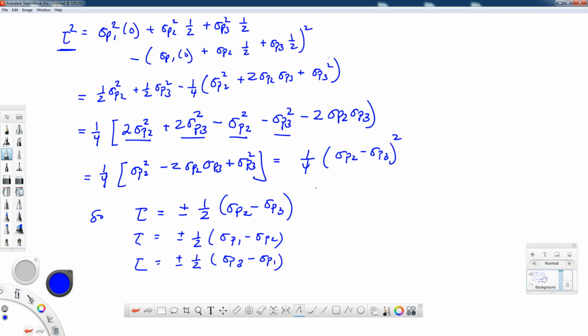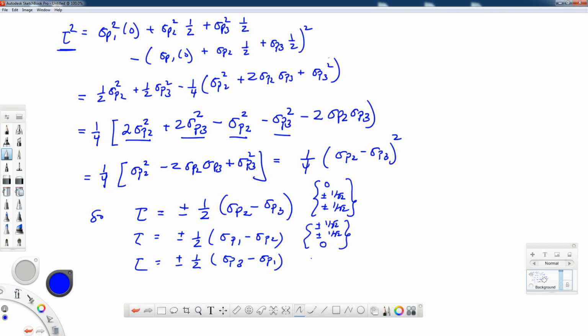So this would be for the unit normal vector 0, 1 over the square root of 2, 1 over the square root of 2. This would be the case for, let's see, we'd have 0 here, and 1 over the square root of 2 in the other two.